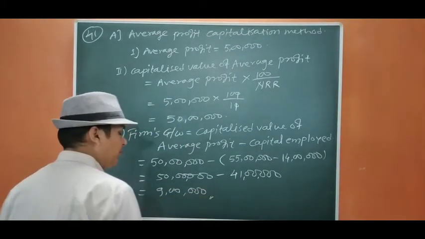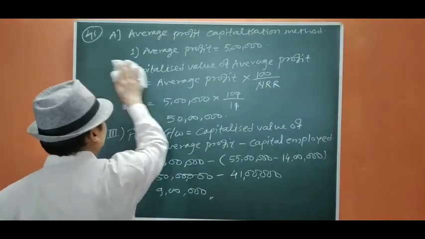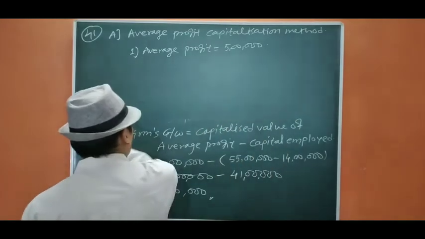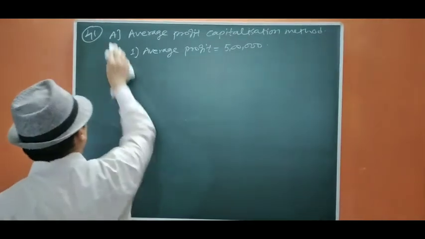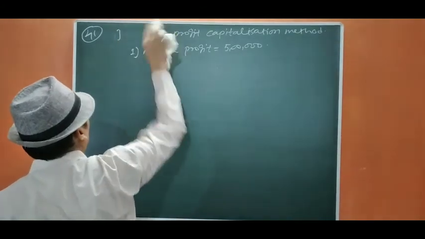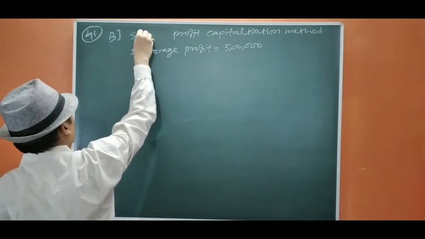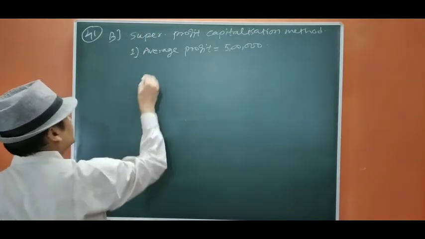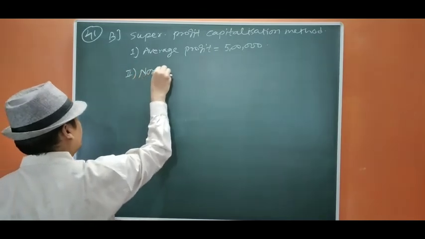Okay. Now we move to super profit capitalization method. From here it is going to change. Second method, that is super profit capitalization method. Average profit we know very well. Now we are going to find out the normal profit.